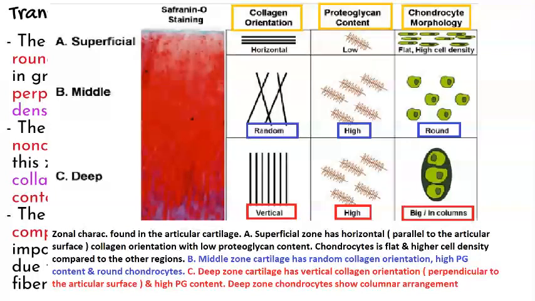The chondrocyte is flat and has a higher cell density compared to the other regions. The middle zone cartilage has a random collagen orientation, high proteoglycan content, and round chondrocytes. The deep zone cartilage has a vertical collagen orientation, perpendicular to the articular surface, and high proteoglycan content. The deep zone chondrocytes show columnar arrangement.